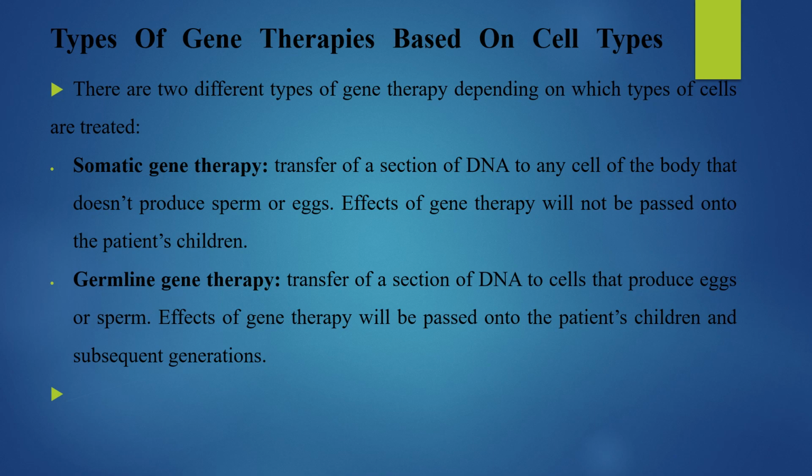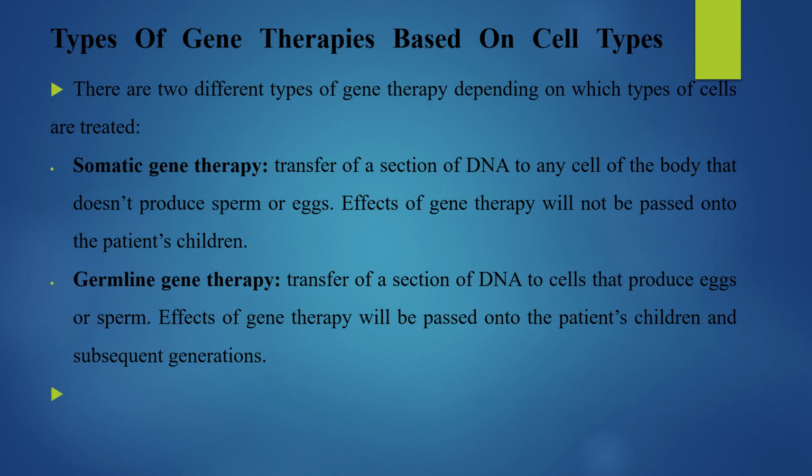Somatic is body cells. Effects of gene therapy will not be passed on to the patient's children. So when you do somatic gene therapy, which deals with any non-sperm or egg cells, the effect will not be passed to the children.